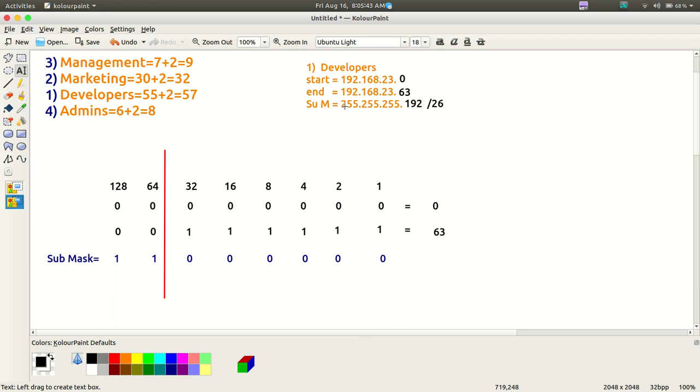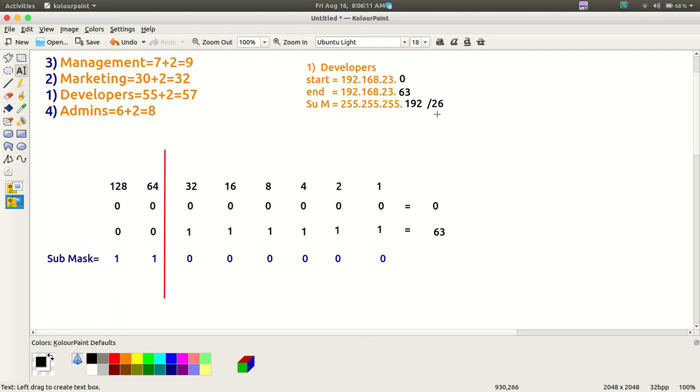So 255 three times, 255, 255, 255, how many ones is that? 24 ones. And in your 4th octet, you have 2 ones over here. So now you have 26 ones. So your CIDR notation in this case is /26. Your subnet mask is 255.255.255.192. Okay. Your start IP address is 192.168.23.0 and your end IP address is 192.168.23.63.